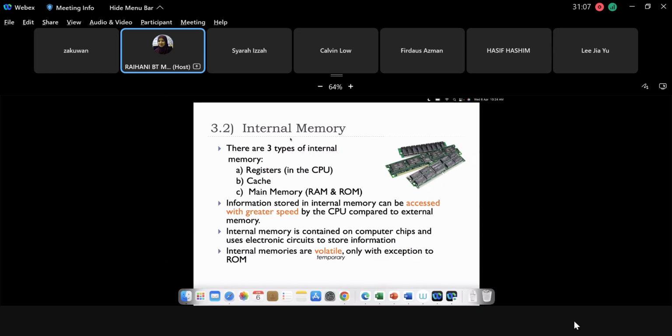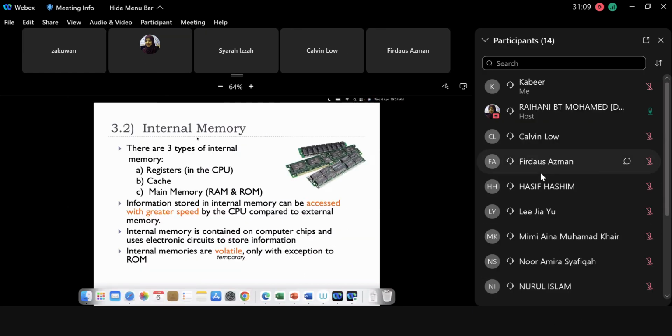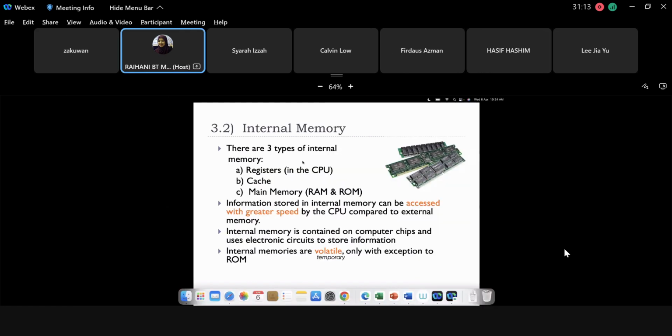Alright. So we have internal memory here. There are three types of internal memory: we have cache, we have registers, we have main memory. Main memory here consists of RAM and ROM, random access memory and read-only memory.